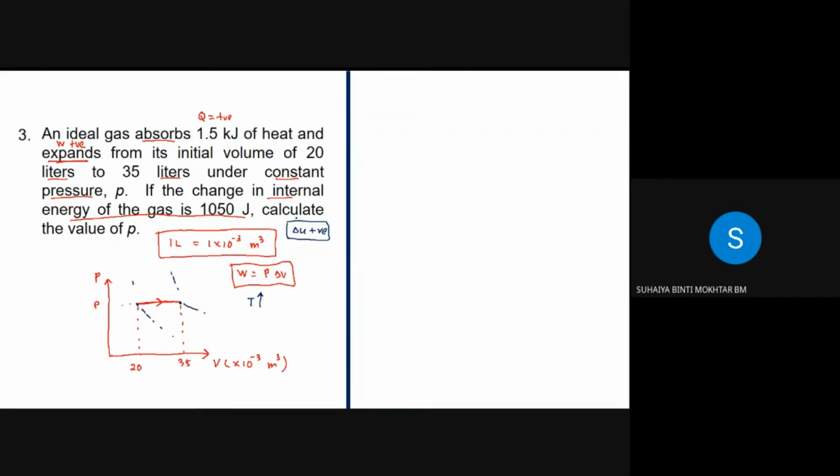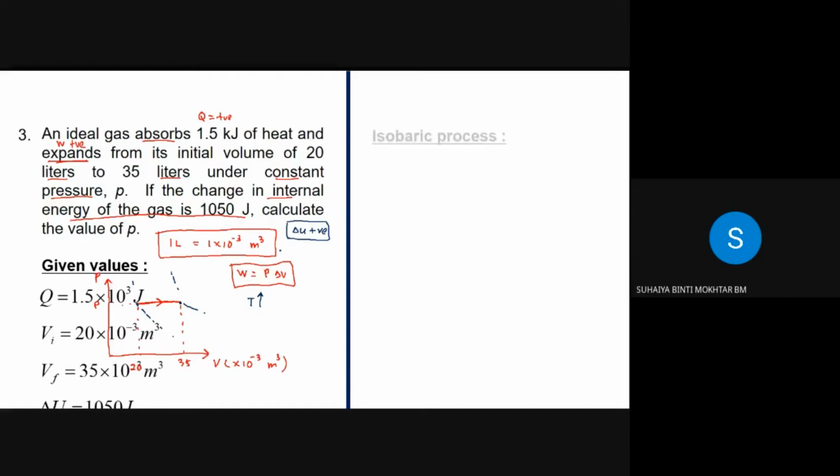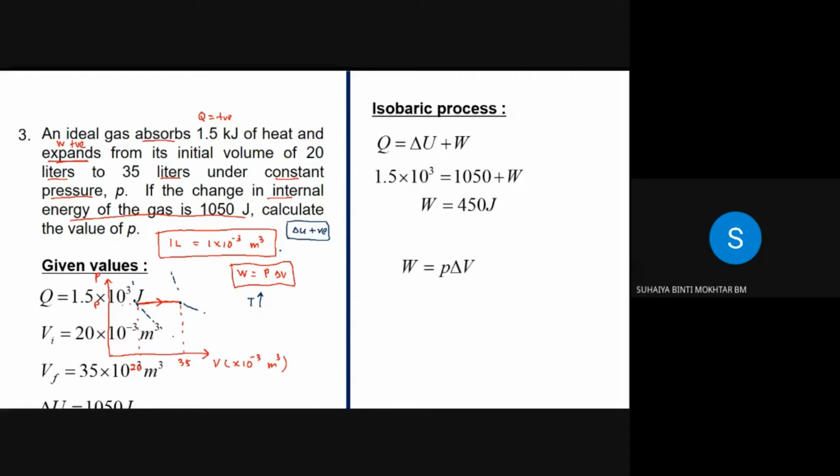So which equation can we use? We use the first law of thermodynamics, Q equals delta U plus W. Because we have delta U and Q, we can determine W. Once we get W, substitute into this equation, so you can determine P. These are the given values. For the isobaric case, use the first law of thermodynamics to determine work done, then use W equals P delta V. Measure volume in SI units. Whoever does not convert to SI units will get it wrong.